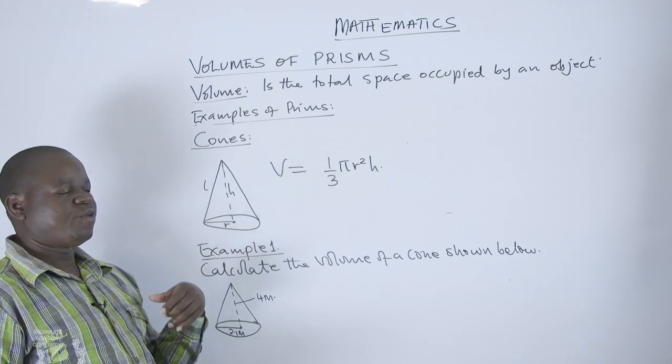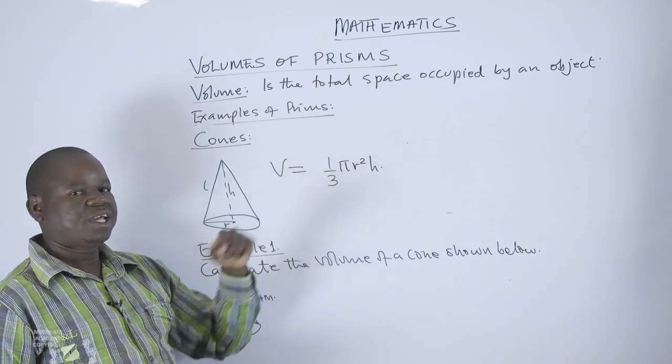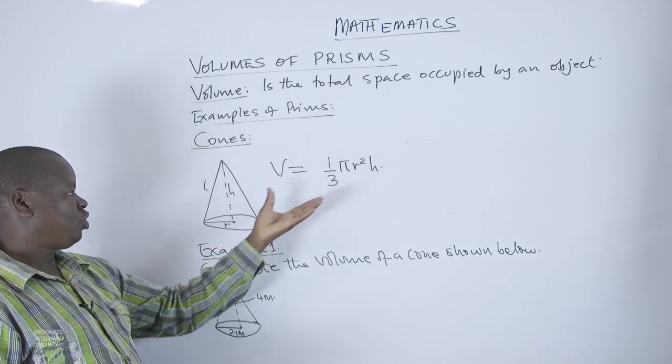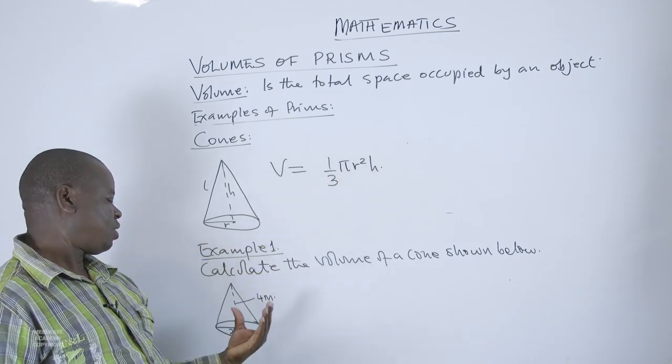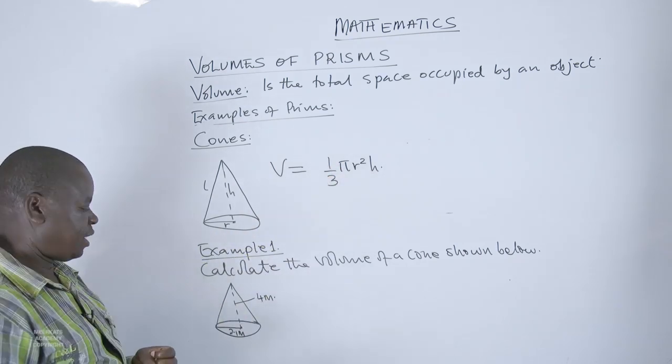By the use of the formula a third pi r squared h, we are able to substitute these values in this formula to determine the volume of that cone.